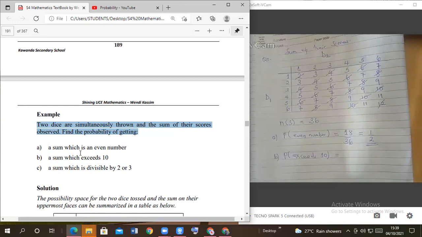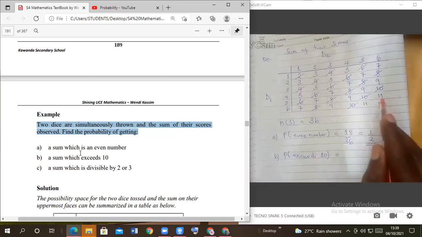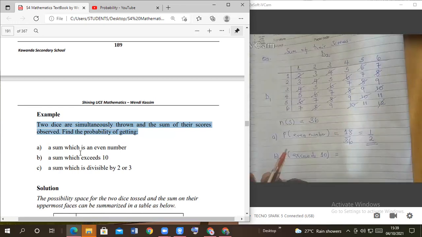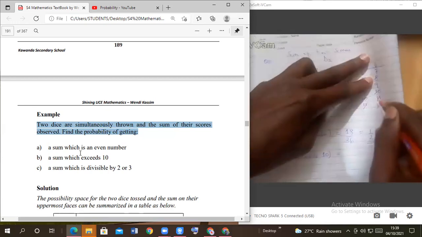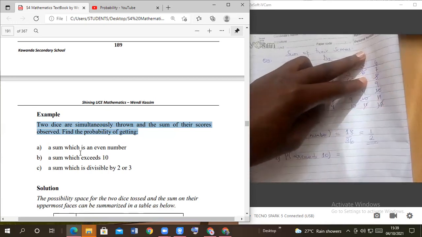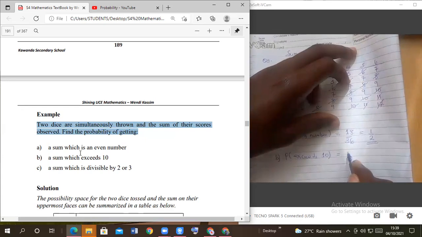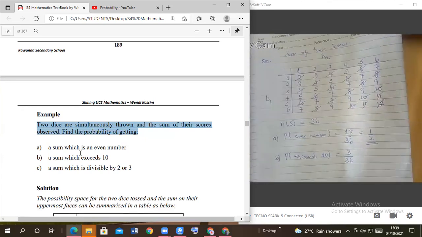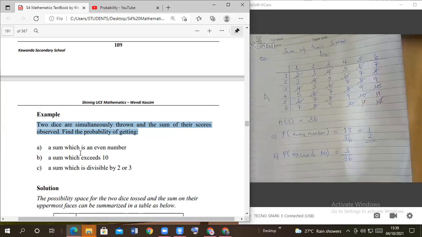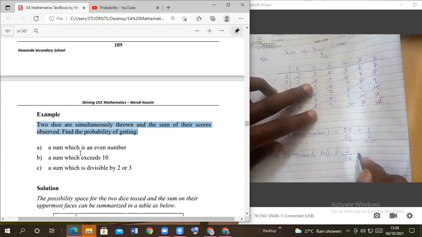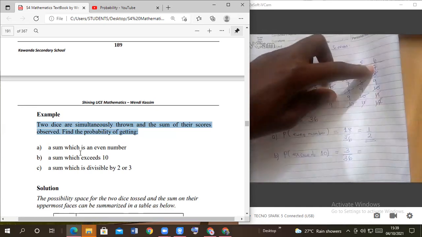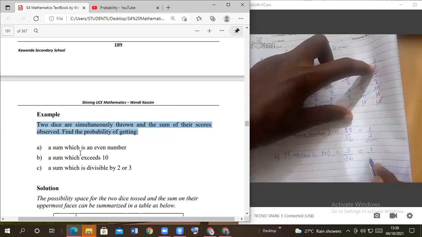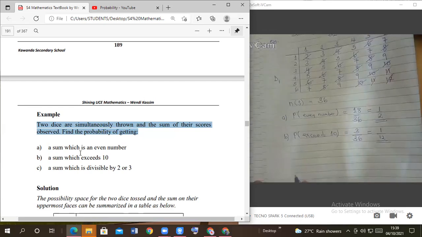How many are there? There are 3. So it is 3 out of 36. Is it divisible? Yes, 1 out of 12.